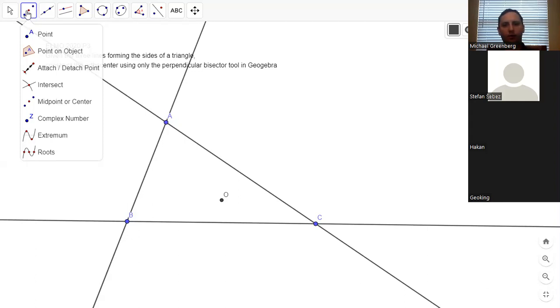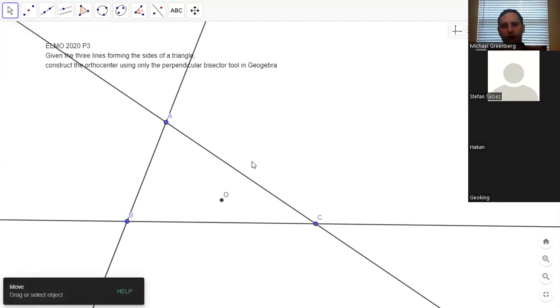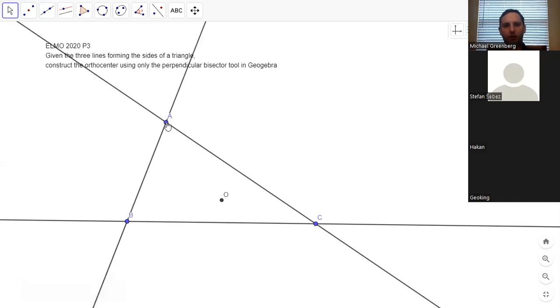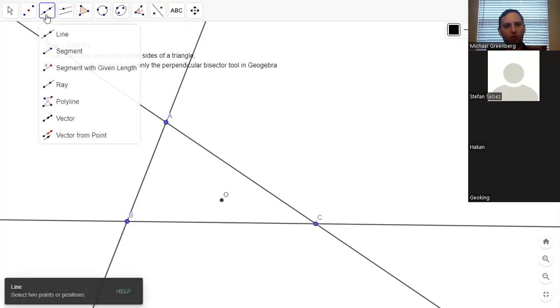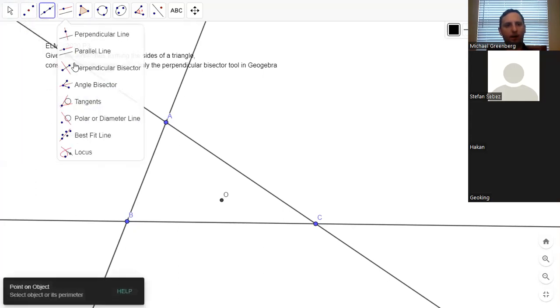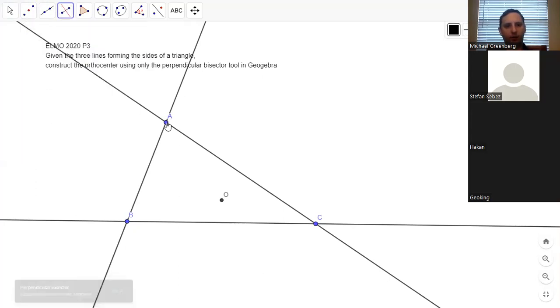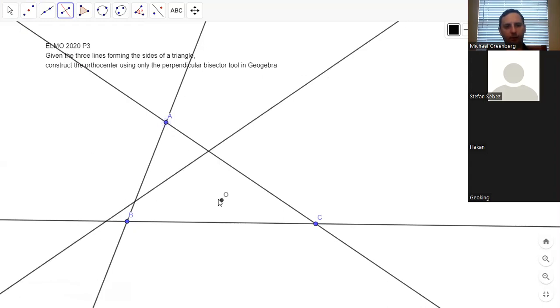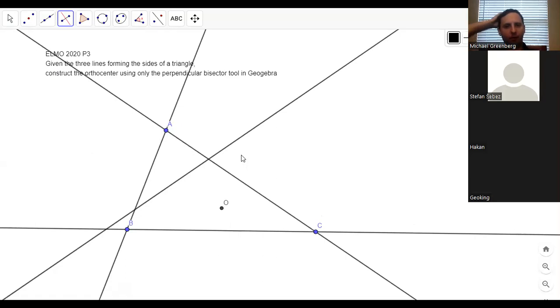Actually, I don't even know if we can do that, because I don't think we have a straight edge, right? So can we actually find the midpoint of AO? Yes, I think it just needs the points. Okay, because we could draw the perpendicular bisector of AO, but how do we get the midpoint? Yeah, we don't have a straight edge, I don't think.